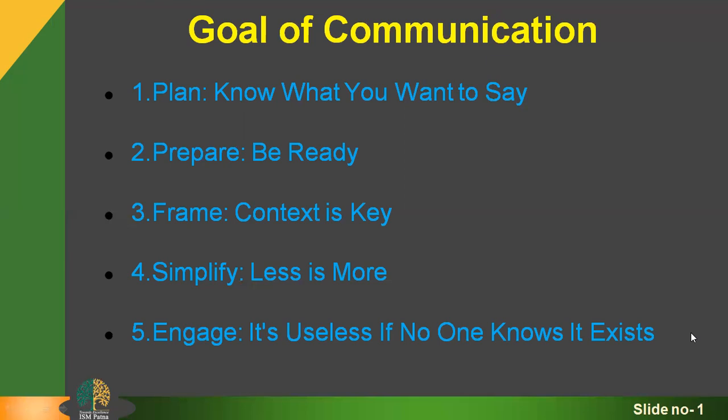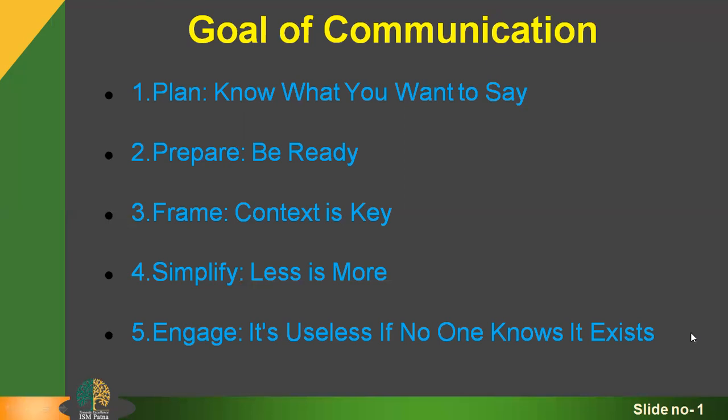So what are the steps involved here? Number one, plan. Know what you want to say. First of all, very clear, very specific. You cannot simply make a lot of things inside and make a paragraph, a story like thing. You must be very point wise, specific about the things which you want to communicate. So first of all, you ensure yourself, you plan yourself for this.